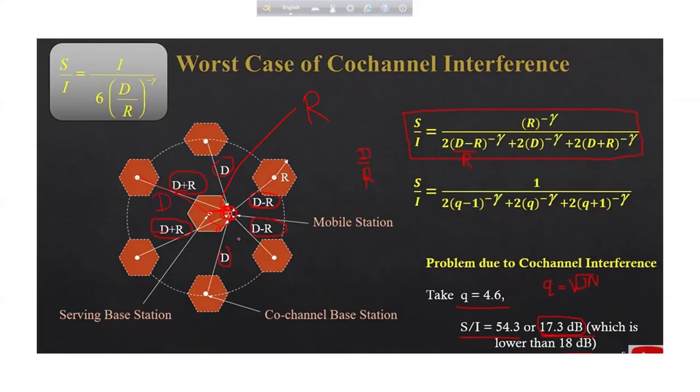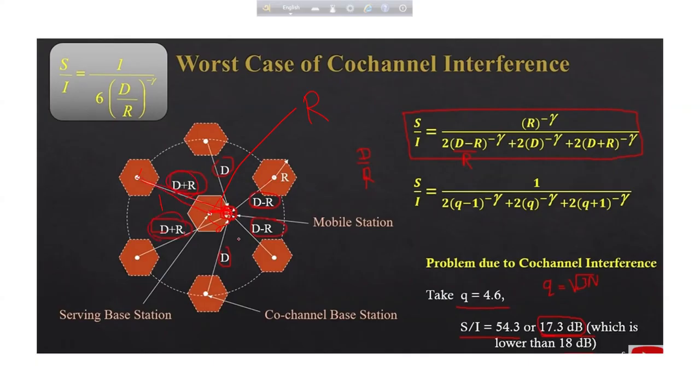So the distance between these two cell centers is capital D. Now, when my mobile station is at this point, the distance is capital D plus R.